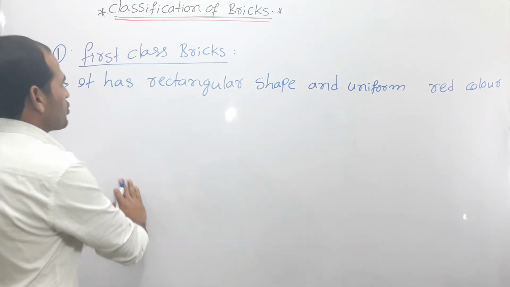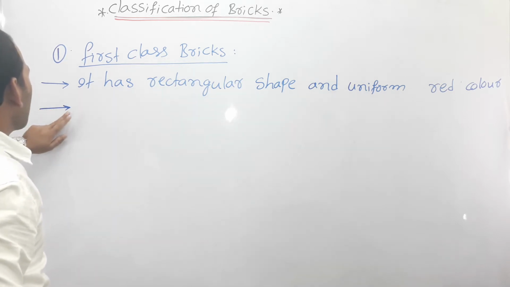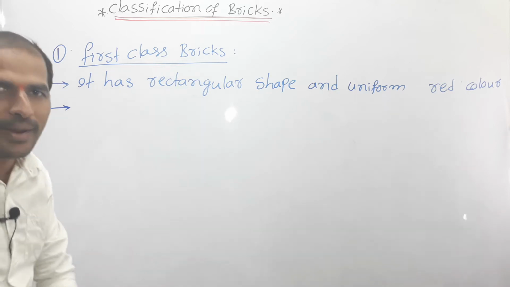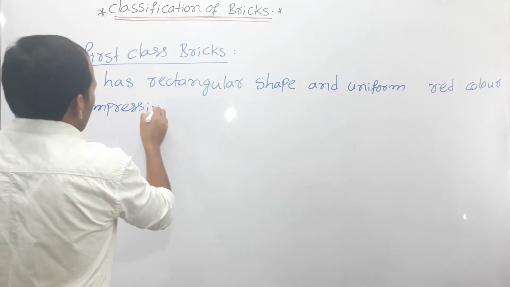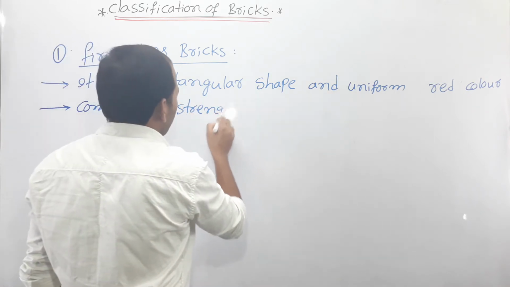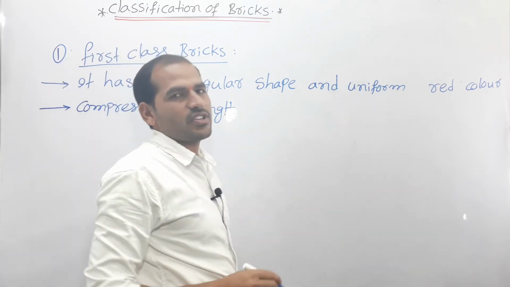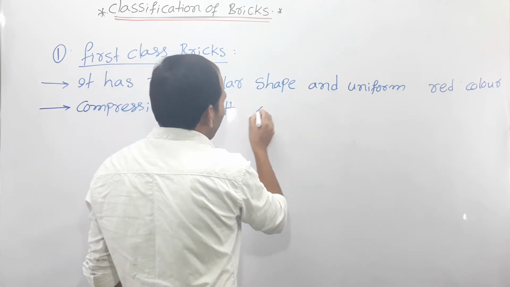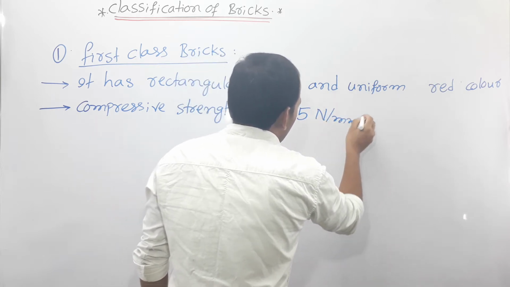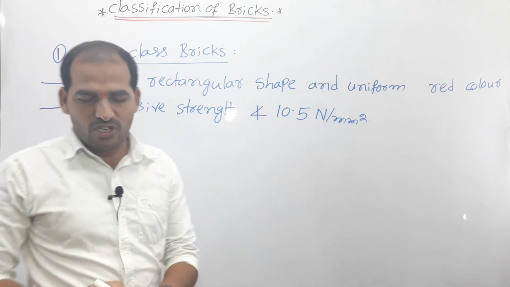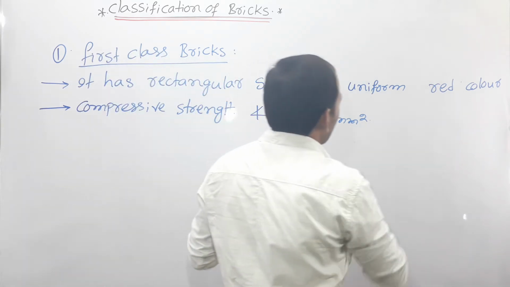This is the first point, and these bricks are classified mainly based on compressive strength and water absorption. The compressive strength of a first class brick should not be less than 10.5 Newton per mm square.